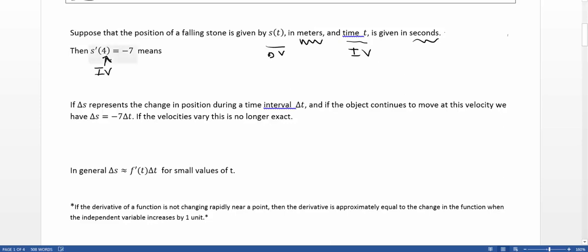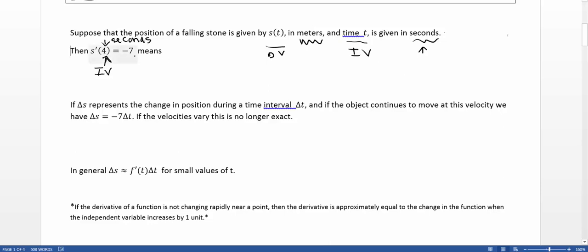So it's going into the independent variable. So 4 is representative of our independent value. Our independent variable has a unit of seconds, so this 4 is in seconds.